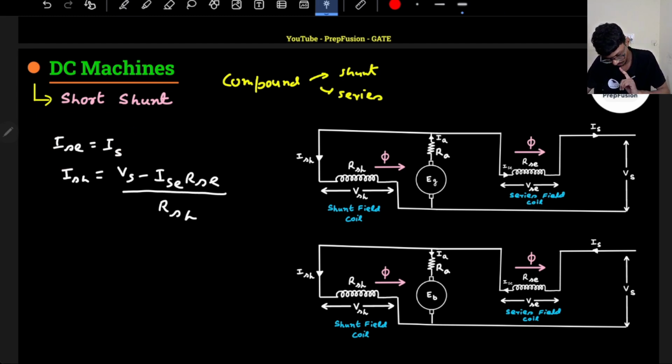So okay, one more thing. Sorry, right, we are discussing the generator. So for a generator, EG is supplying both the load and the shunt, right? So one mistake I have made. So current directions will be what? IA will be equal to ISH plus IS.